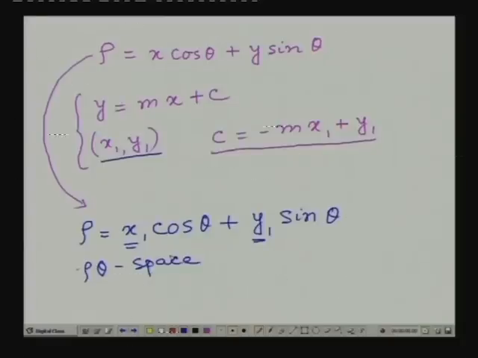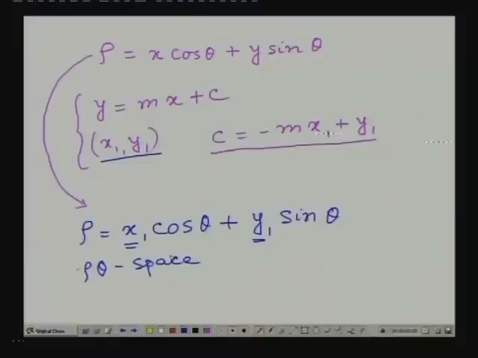However, if I have q number of collinear points in the xy plane, they will be mapped to q number of straight lines in the MC plane, but all those straight lines will pass through a single point.